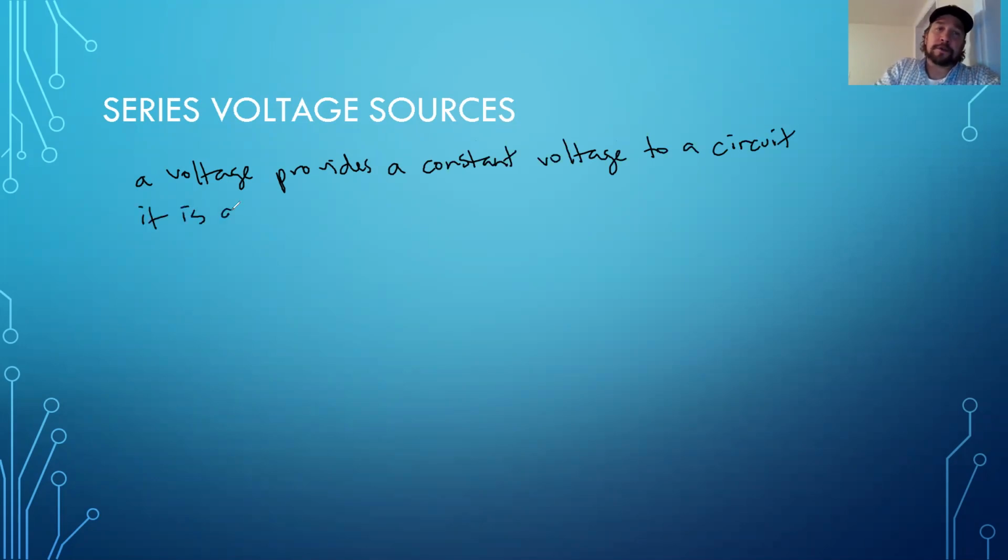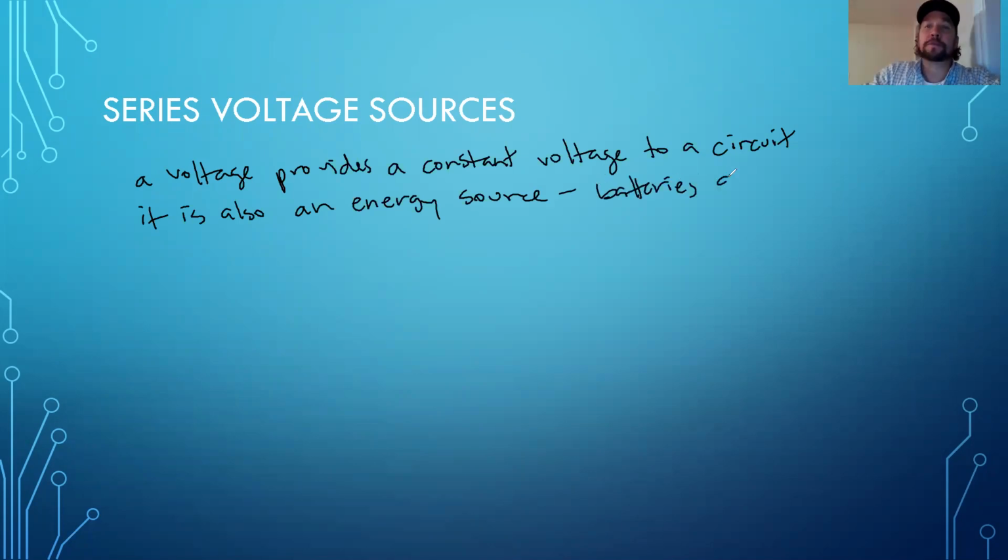It is also an energy source. So it produces energy for the circuit. And batteries and power supplies are two examples of voltage sources, all right?